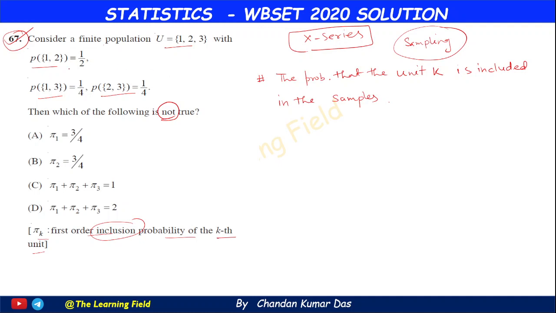Here there are three samples: this is one sample, this is two sample, and this is three sample. So we first calculate pi 1, pi 2 and pi 3.